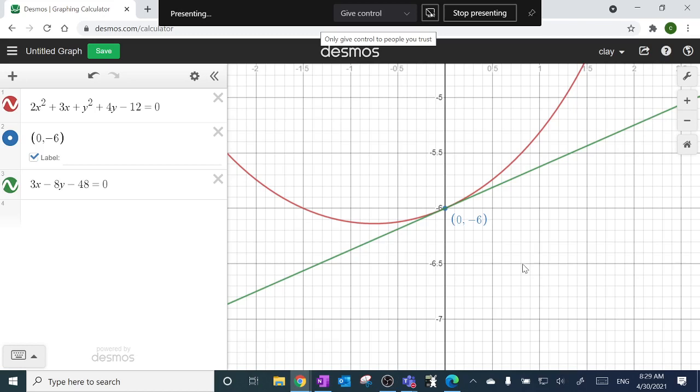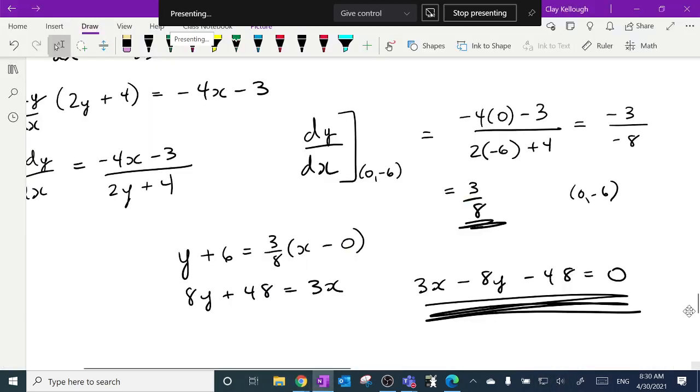There are higher calculating things out there than Desmos. But this one's just so easy to use and so visually nice that I tend to always go back to it. So any questions on what I've got happening here?